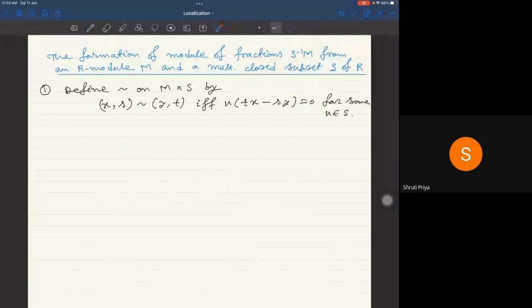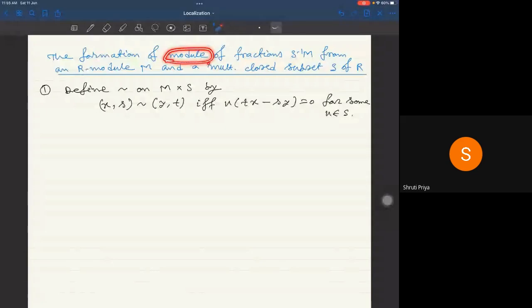So I think all of you are familiar with modules, right? It is a generalized version of a vector space, built over an arbitrary ring R. You have two operations in a module. One is addition: whenever you have two elements of this module, you can add them, and what you get is another element of this module.